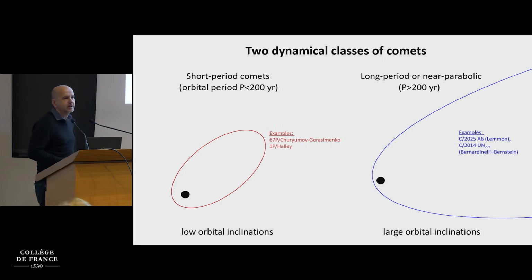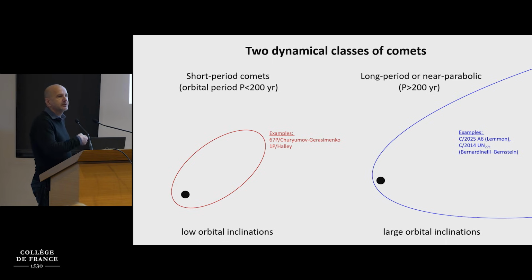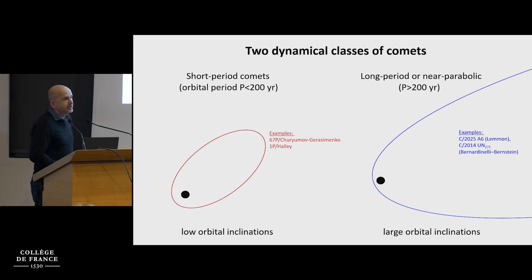So every 75 years it comes close to the Sun, becomes active, and then leaves. So these kinds of comets are expected to be seen during perihelion passages over and over again. The long period comets, on the other hand, have very large orbital periods in excess of 200 years.